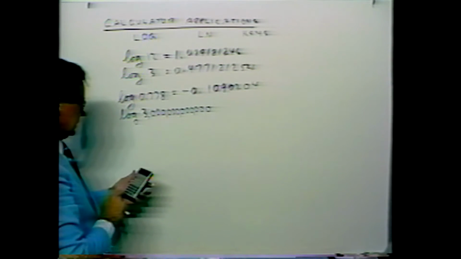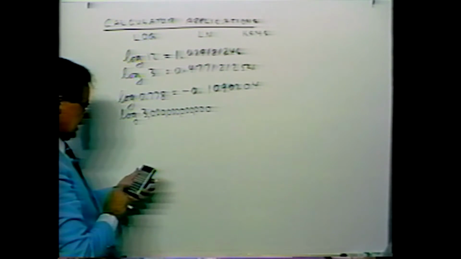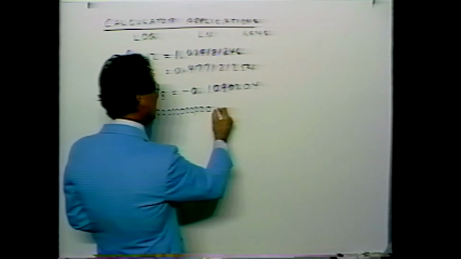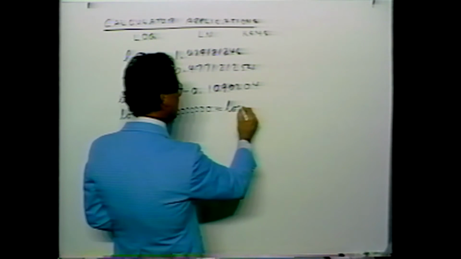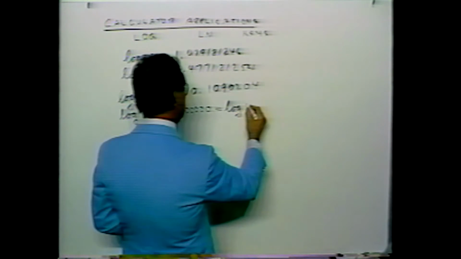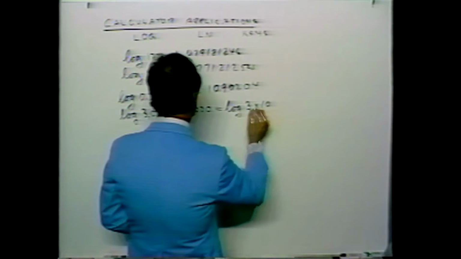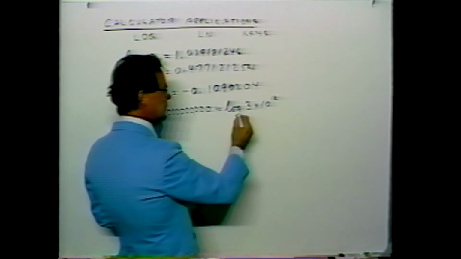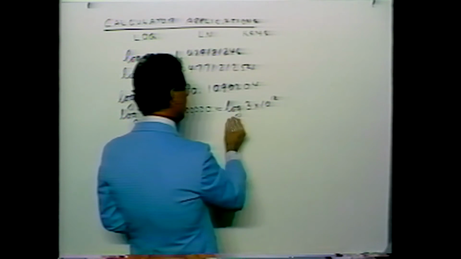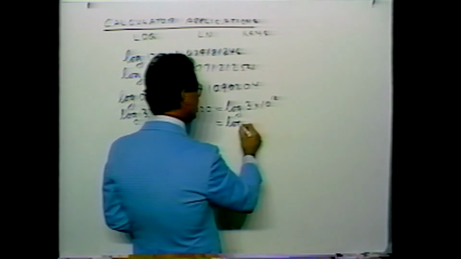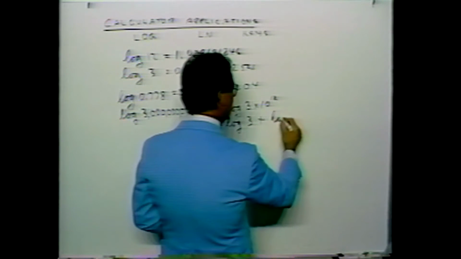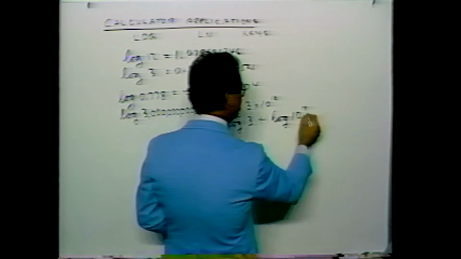Now, for this last number, you may not be able to get 12 zeros in. We can rewrite this in scientific notation, and so that is equivalent to the log of 3 times 10 to the 12th. According to the laws of logarithm, this is the same as the log of 3 plus the log of 10 to the 12th to base 10.